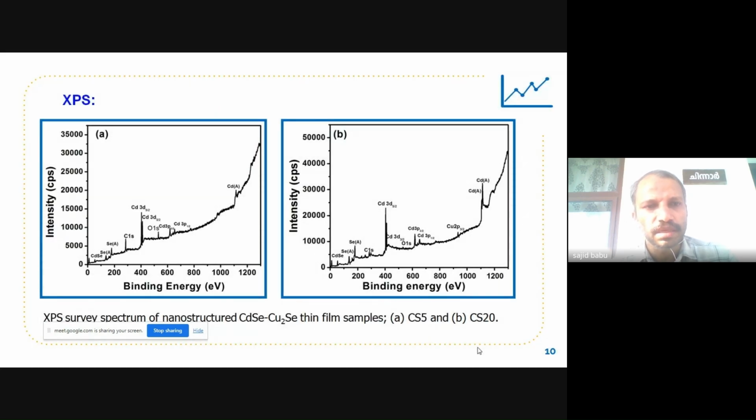For the XPS spectra, we have recorded spectra for CS5 and CS20, the lowest percentage and the 20% Cu2S weight sample. We got the elemental peaks of cadmium 3d 5/2 and 3d 3/2, and copper and selenium peaks were also observed in the surface scan.